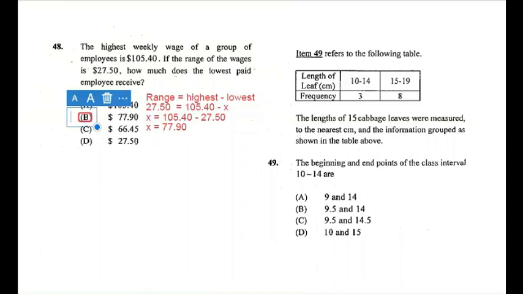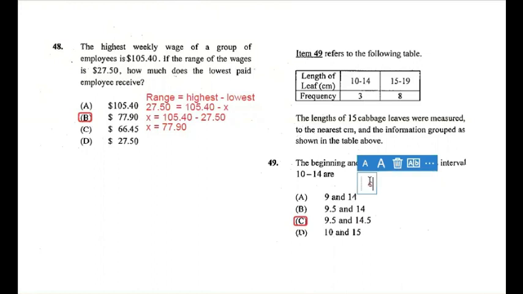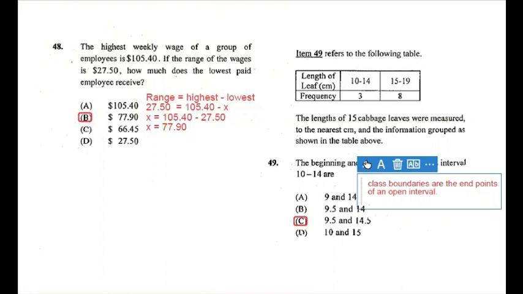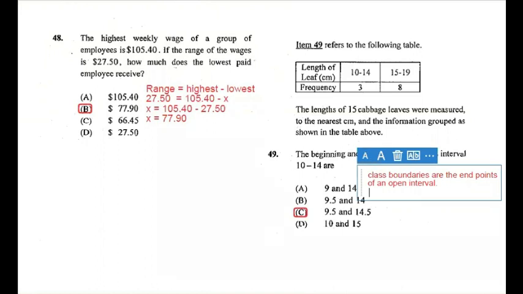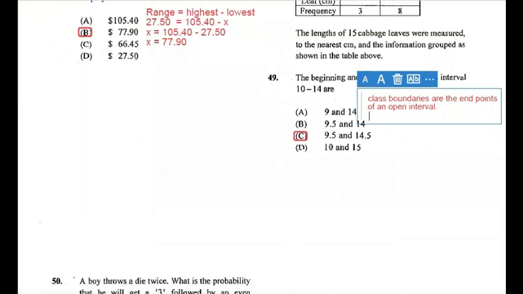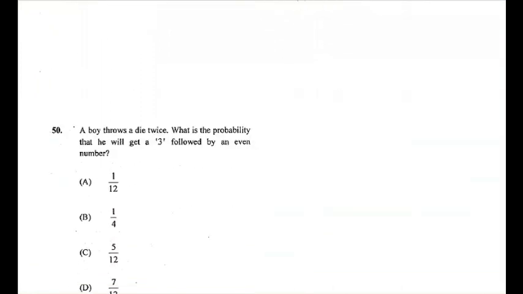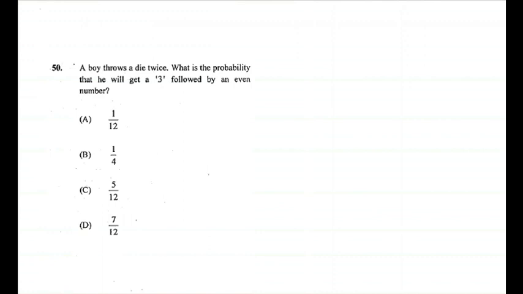Once we know that, it is easier to answer the question, and our answer is C. So that is what we definitely need to know: class boundaries are the end points of an open interval. So 49 is C.